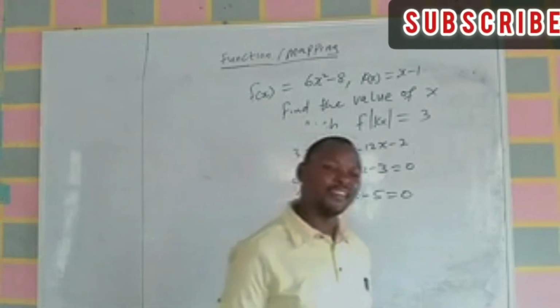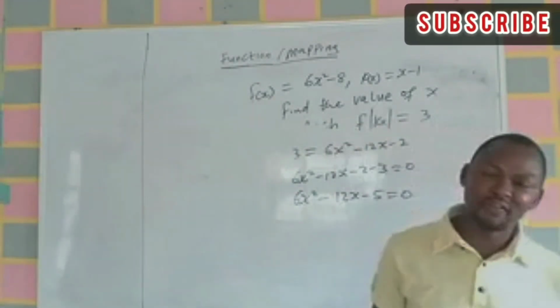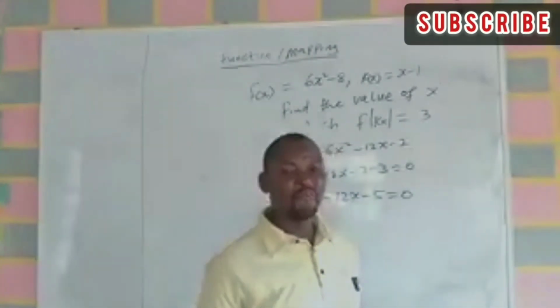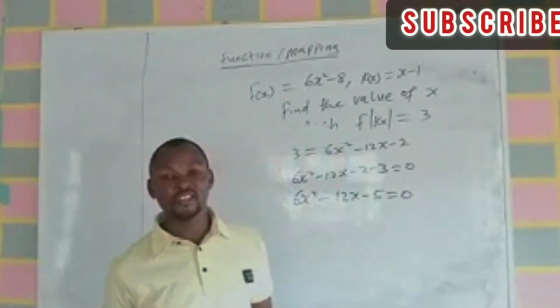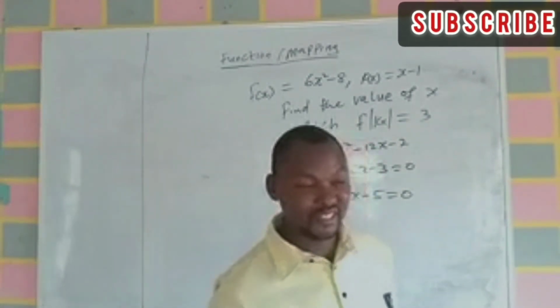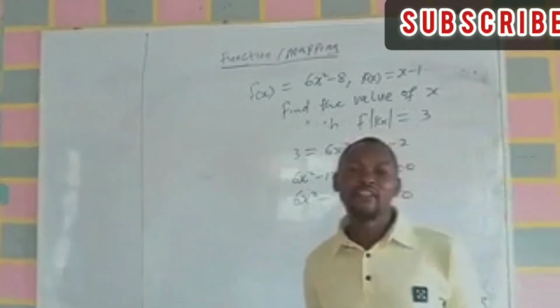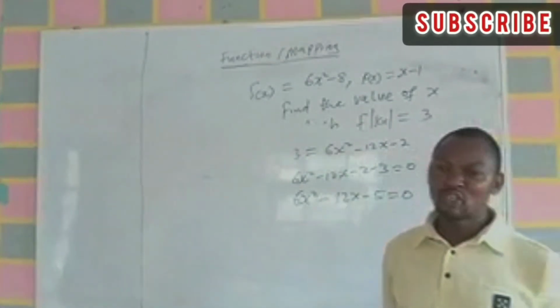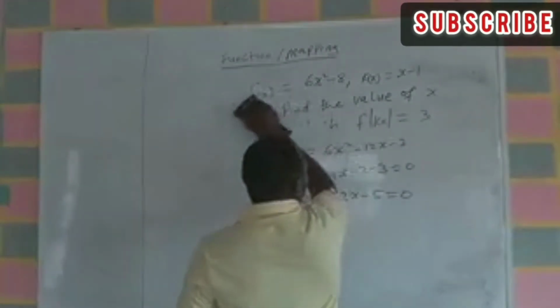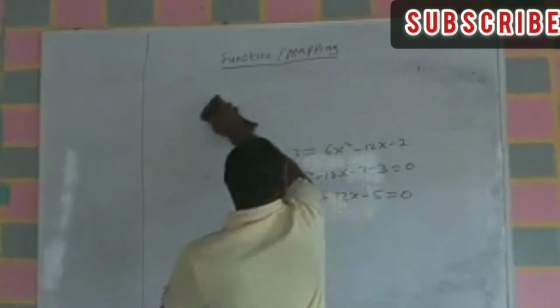The reason some call it almighty is that the formula features in many subjects or courses. You see it in biology, in physics, everywhere. But the original name is quadratic equation formula. So we are going to use it to solve this question now.